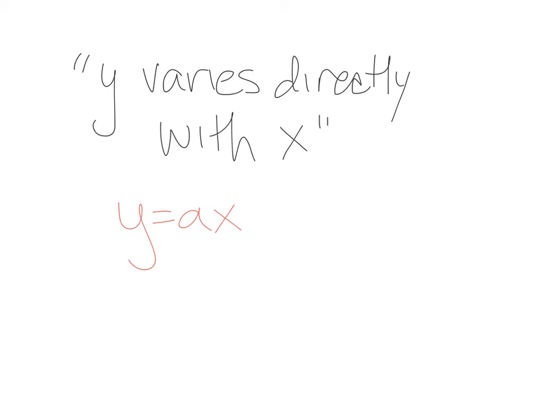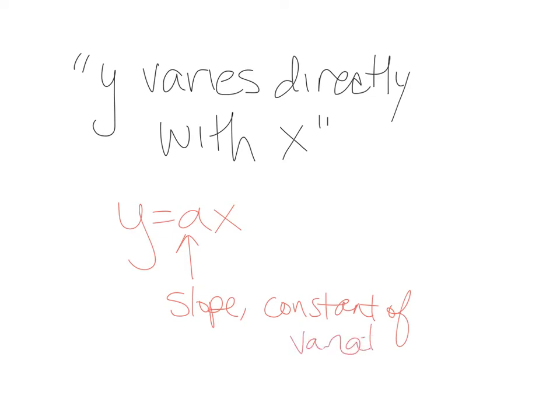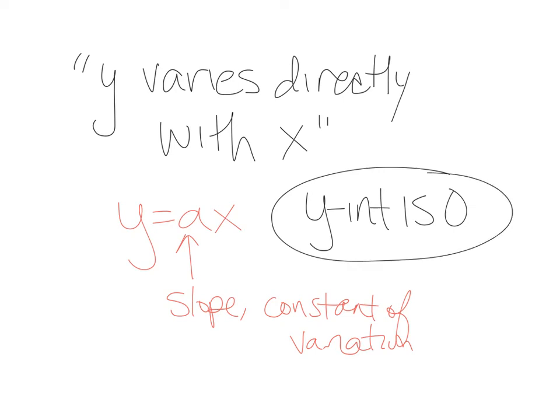The only thing that's affecting it is this a, where the a is my slope, or the constant of variation. Notice again, and it's super important to see, that my y-intercept is 0. Every time, my y-intercept is going to be 0.